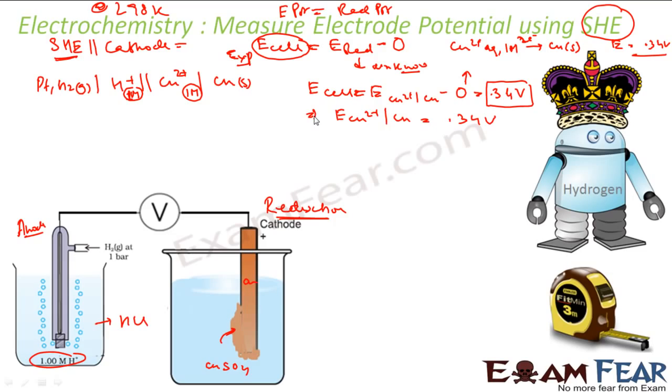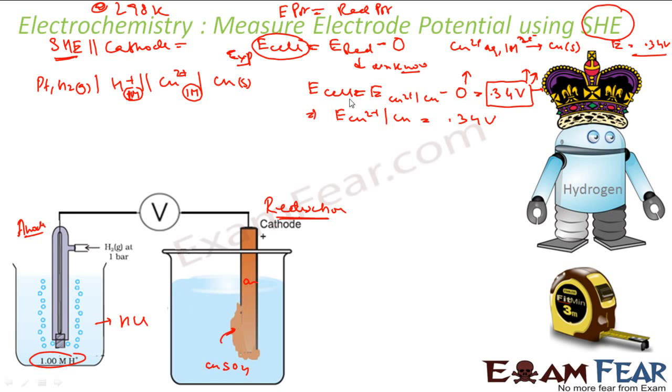It just indicates that copper 2 plus ions get more easily reduced than H plus ions, because it has a positive reduction potential. Positive reduction potential means copper 2 plus easily gets reduced to copper as compared to H plus ions to hydrogen.